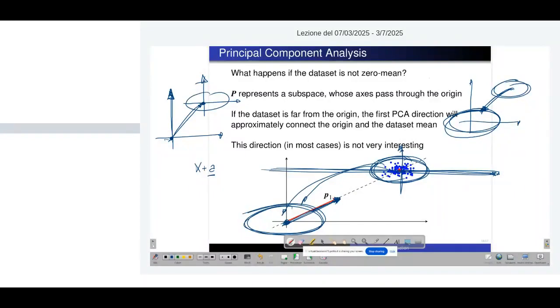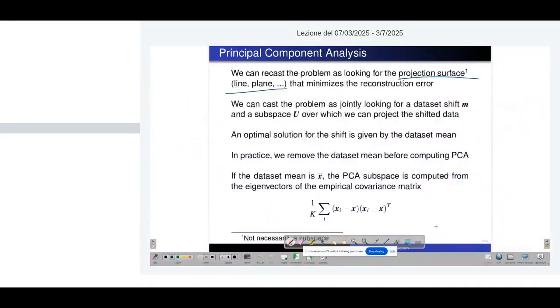Essentially, we want to look for a shift such that when we apply our projection over the shifted data, we minimize the reconstruction error. The optimal solution for this shift corresponds, we can show, to the dataset mean. So if our data is non-centered and we want to find an optimal surface, the way we can operate is we consider a shift of the data that centers the data with respect to our coordinates. What does it mean?